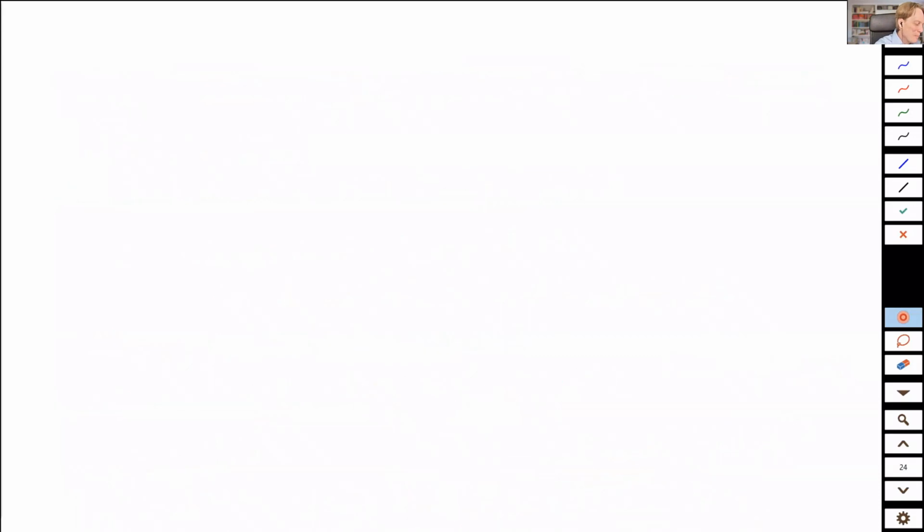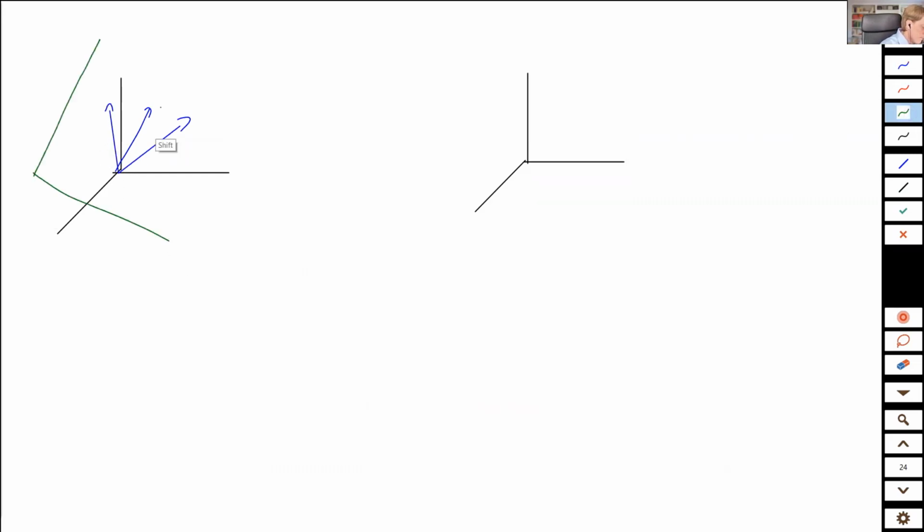And so I really want to draw a picture of this. So if we're in 3D, if we have three vectors that somehow are all in a plane together, again, it's hard to see this, but I'll draw it as a plane here. Imagine they all live in a plane.